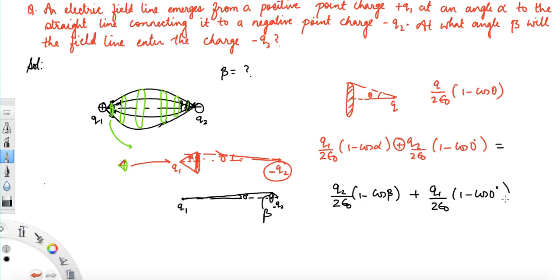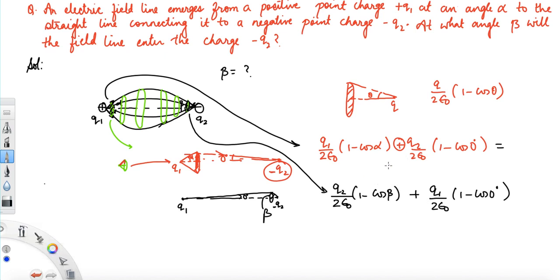This is nothing but the flux continuity equation, because electric flux once again will remain the same for all the cross sections. The flux through the cross section very close to q1 is this one, and the flux through the cross section very close to q2 is this one, and both are equal.